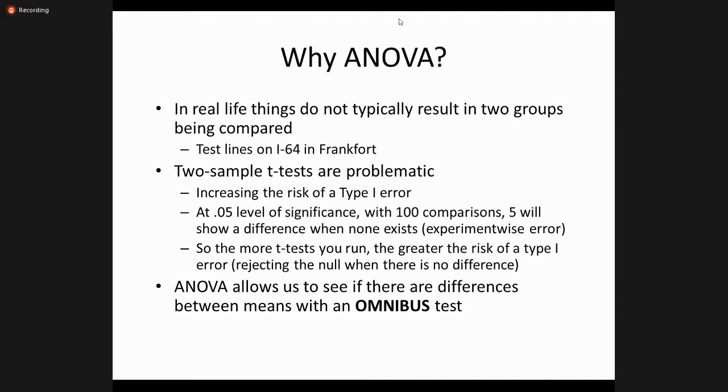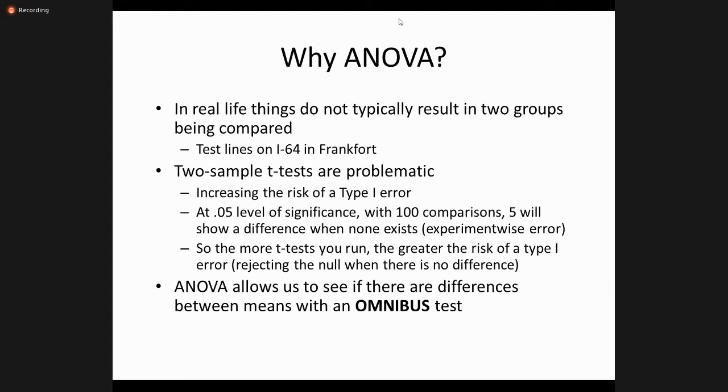So here is ANOVA, the solution. ANOVA allows us to see if there are differences between the means within an omnibus test. So ANOVA is basically an omnibus test. Omnibus is actually a one way test in which we take the independent variable at a fixed level, like one or two dependent variables and one independent variable in one way ANOVA.